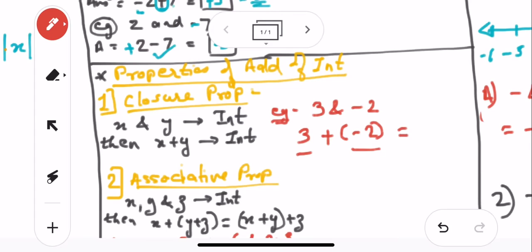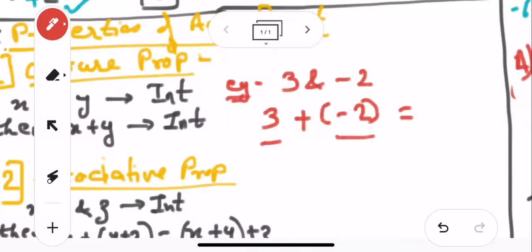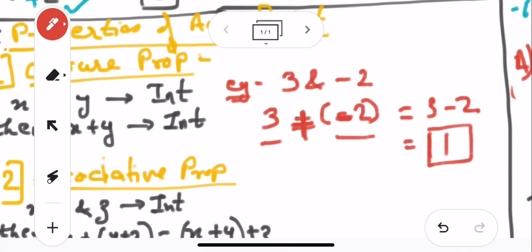So what answer will I get here? This 3, and this plus and minus becomes minus. So 3 minus 2, my answer will be 1. So now 1 is also an integer.